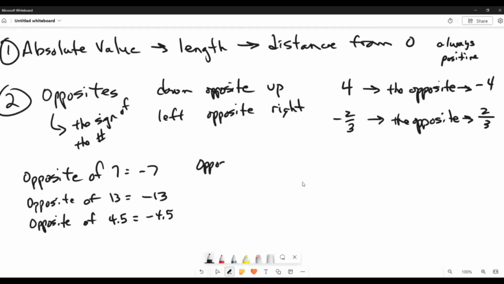If we are asking for the opposite of negative 4, the opposite of negative 4 is 4.